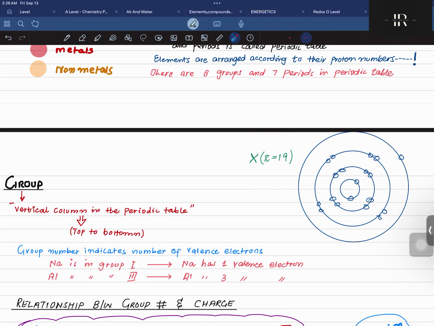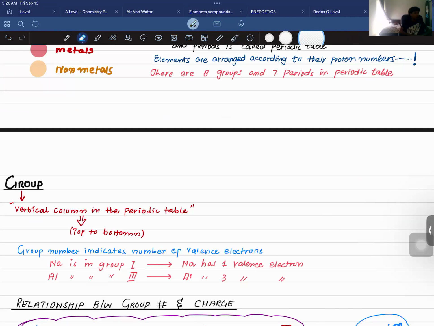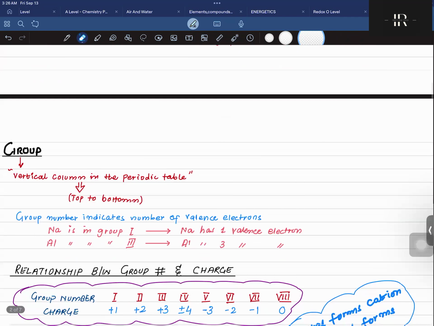So that's what I'm telling you. The group number is going to tell you the outer electrons, and alternatively, if you know the outer electrons, it may be 1, 2, 3, it may be 4, it may be 5, that means you can predict the group number. Are you getting my point?